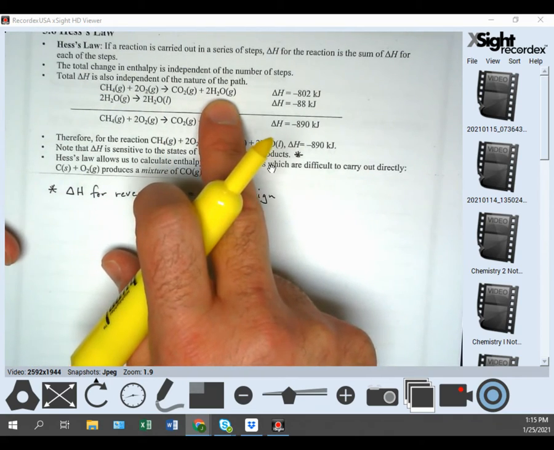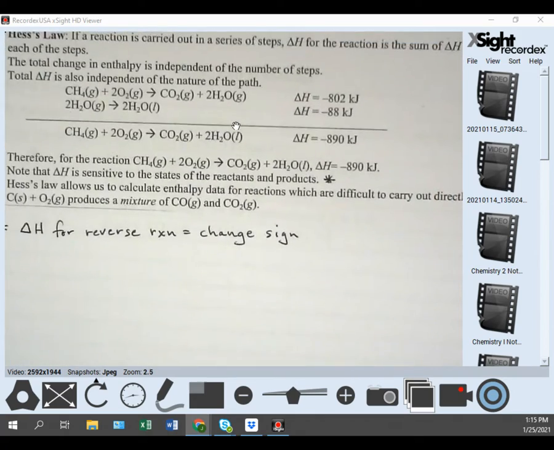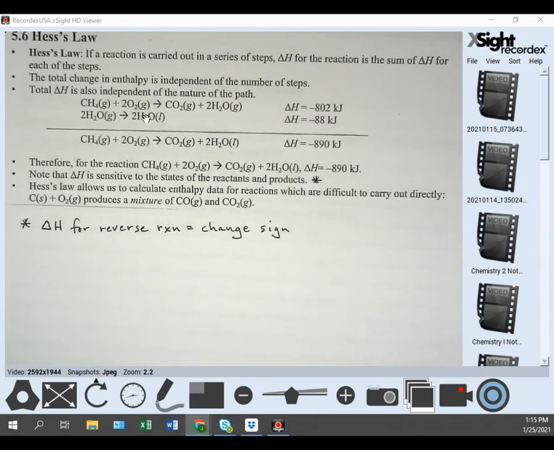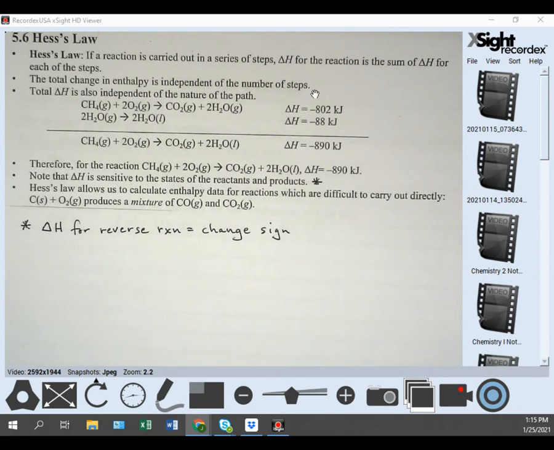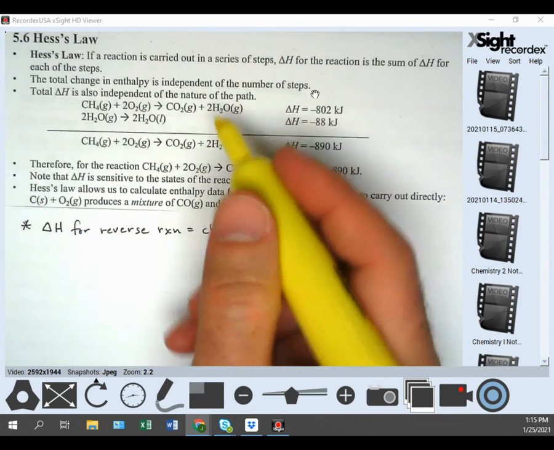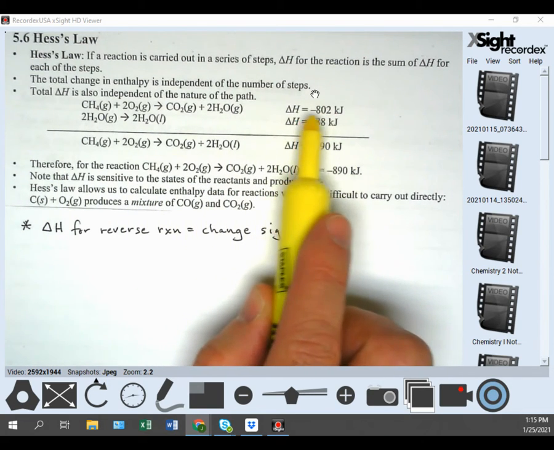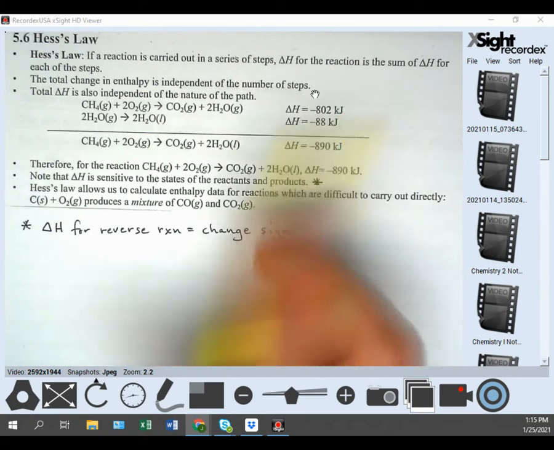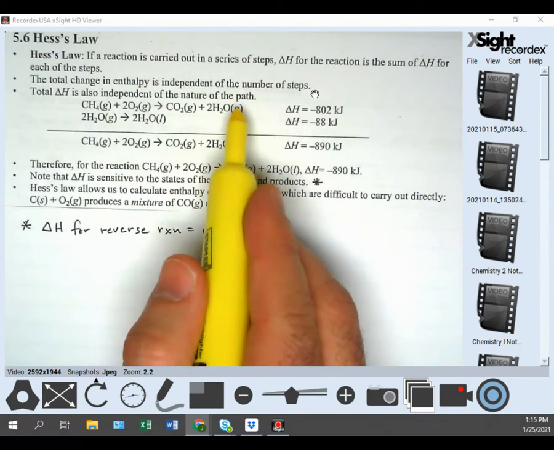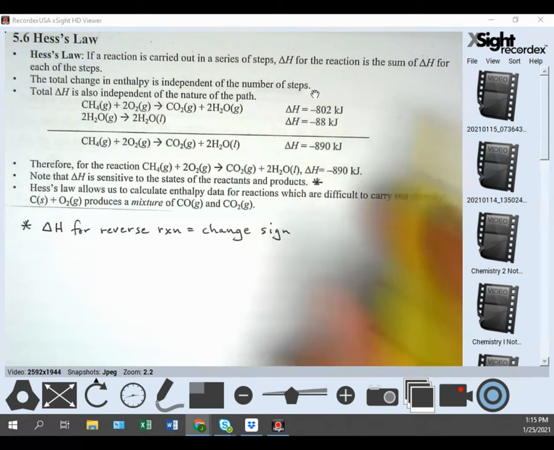So what kind of reaction is that, the top one? Yeah, good, combustion, right? You've got a hydrocarbon and oxygen making carbon dioxide and water. Now, that equation, the way it's done there, kicks off 802 kilojoules of energy. In other words, from the reactants to the products, it loses 802 kilojoules, gives off.